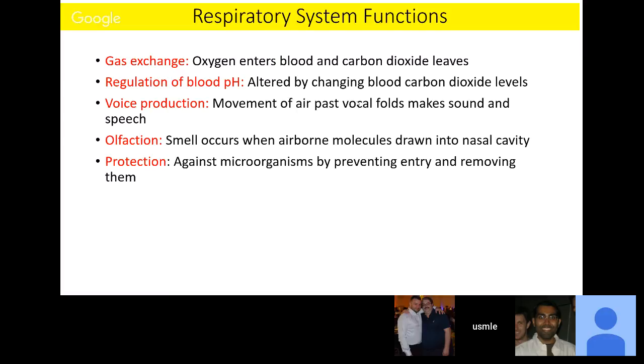The cribriform plate of the ethmoid bone. And you're going to have all the protection, remember, from respiratory, you're going to have the IgA there.